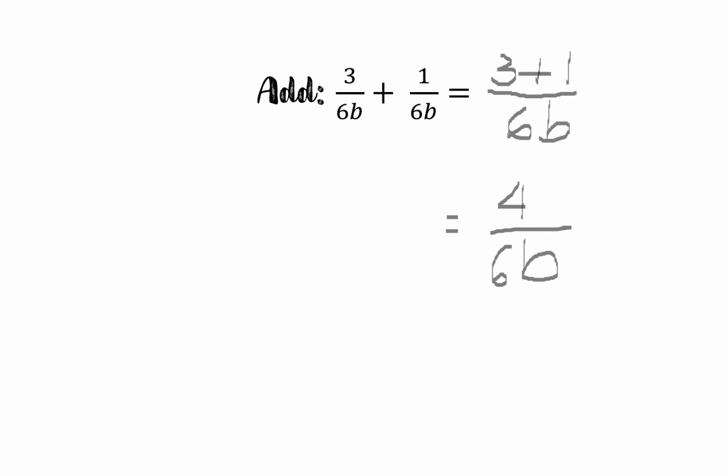Yung 4 and 6, they are both divisible by 2, so pwede natin siyang i-simplify. So, after dividing it by 2, ano kaya magiging final answer? Okay, so our final answer will be 4 divided by 2 is 2 and 6 divided by 2 is 3. And then just copy the variable. So, therefore, that's the final answer.